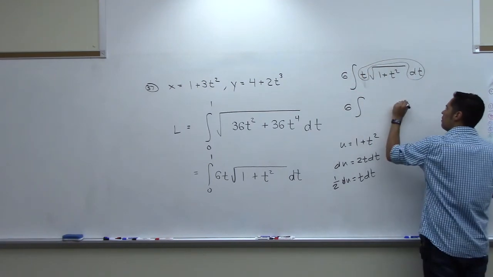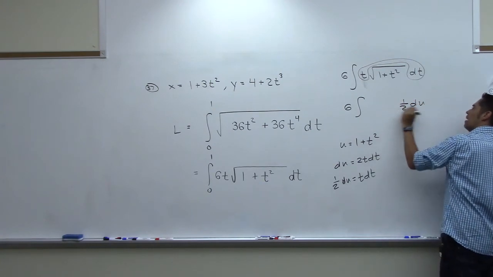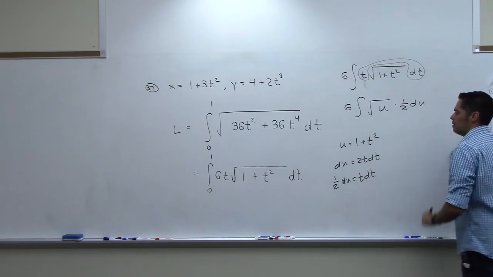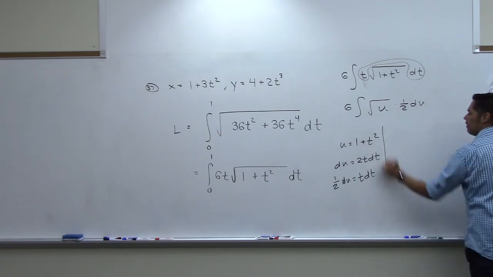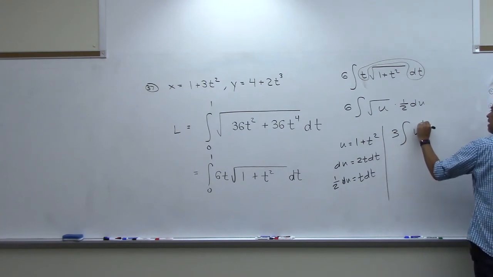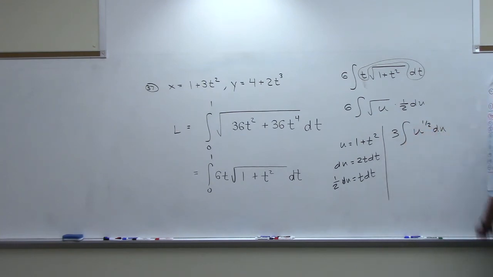And then what's still here is root u, so that's 3 times the integral of u to the half du. That's the power rule, so add 1 to that, you get 3 halves, but scale by 2/3.